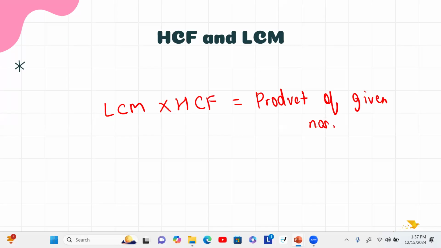Many questions are based around this only. It's very simple. They will give you either LCM, HCF, and one of the numbers, and you have to find the other number. As I can see, 6 and 8 is 48, and 2 and 24 is also 48. So this will always hold true.